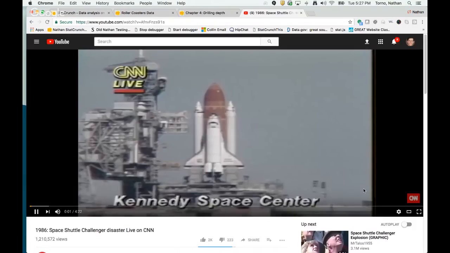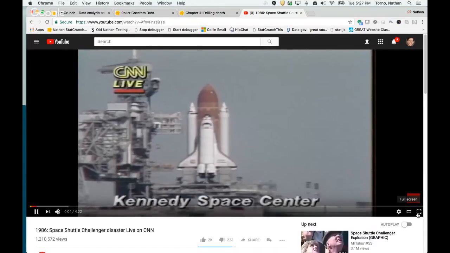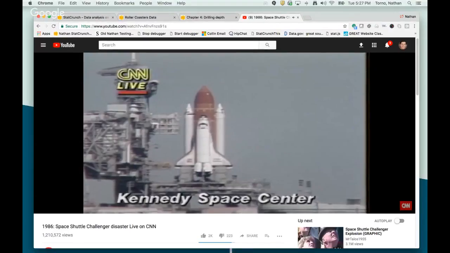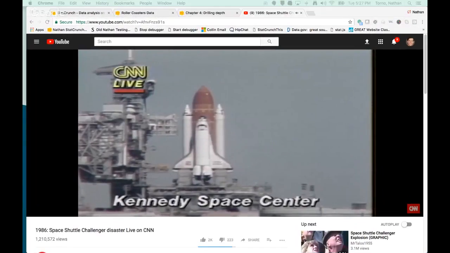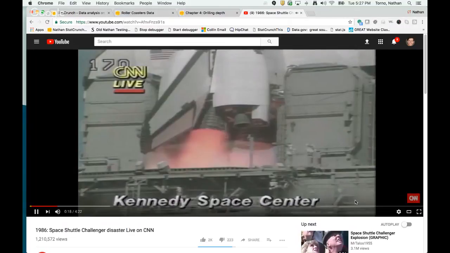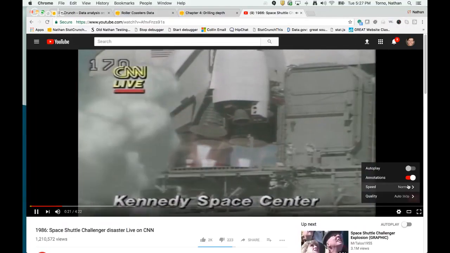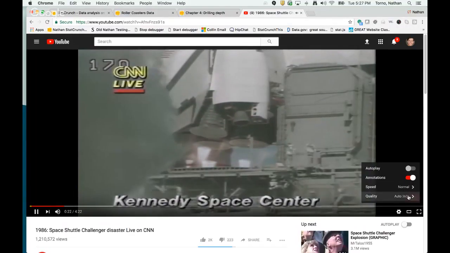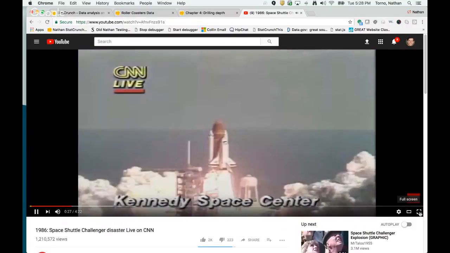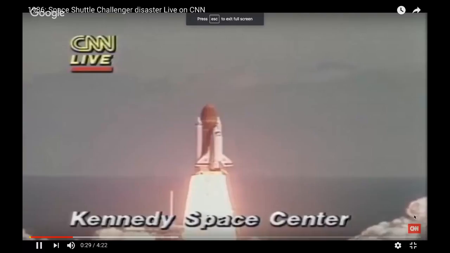Minus 21 seconds, and the solid rocket booster engine gimbal now underway. T minus 15 seconds. T-minus 10, 9, 8, 7, 6. We have main engine start. 4, 3, 2, 1, and liftoff. Liftoff of the 25th Space Shuttle mission, and it has cleared the tower.